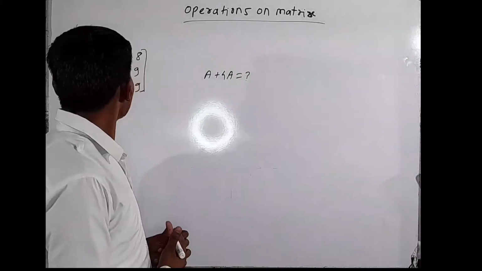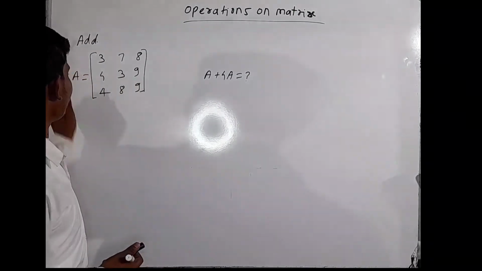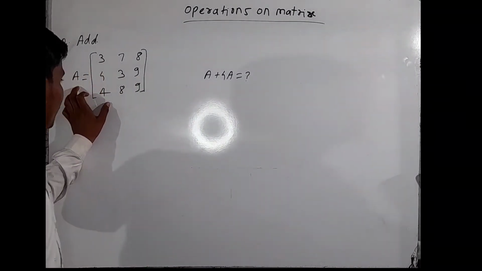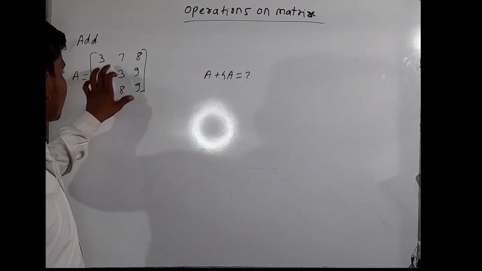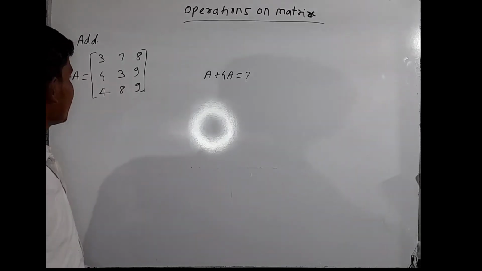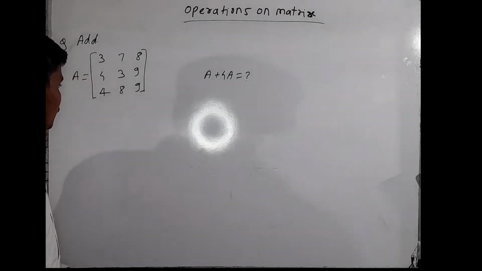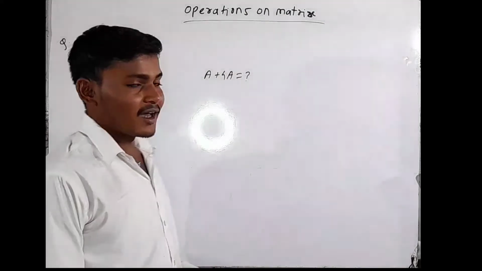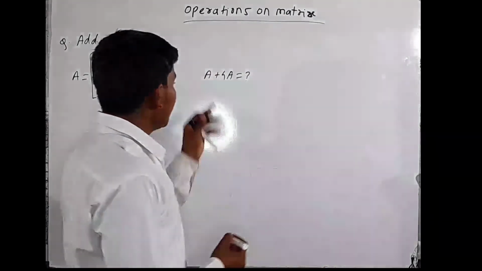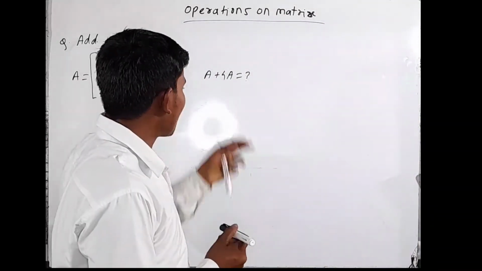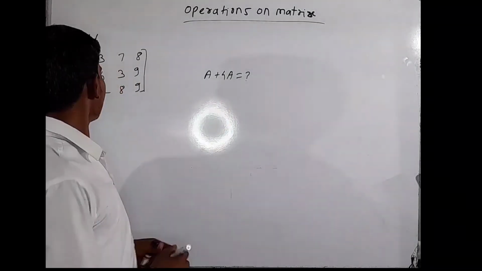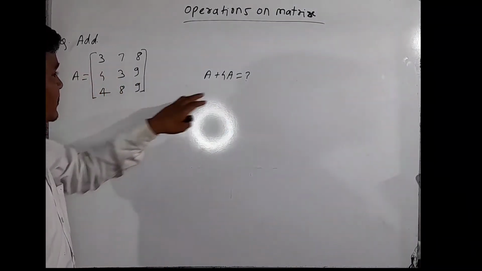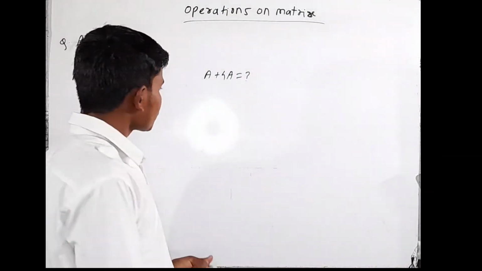Now we have a question: given a matrix A having elements 3, 7, 8, 4, 3, 9, 4, 8, 9, find A plus 4A. Here we have to multiply matrix A by a scalar, that is 4.